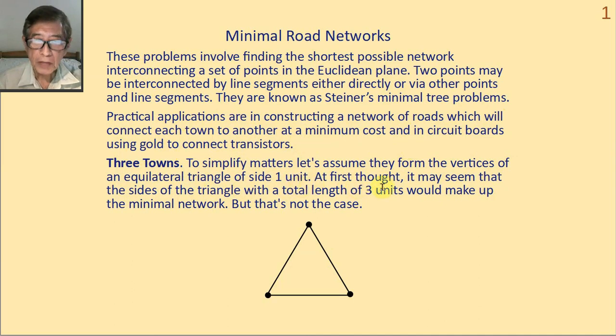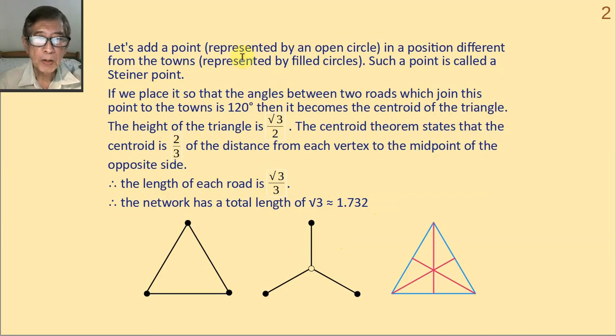At first thought, it might seem that the sides of the triangle with a total length of 3 units would make up the minimal network, but that's not the case. Let's add a point represented by an open circle in a position different from the towns represented by filled circles.